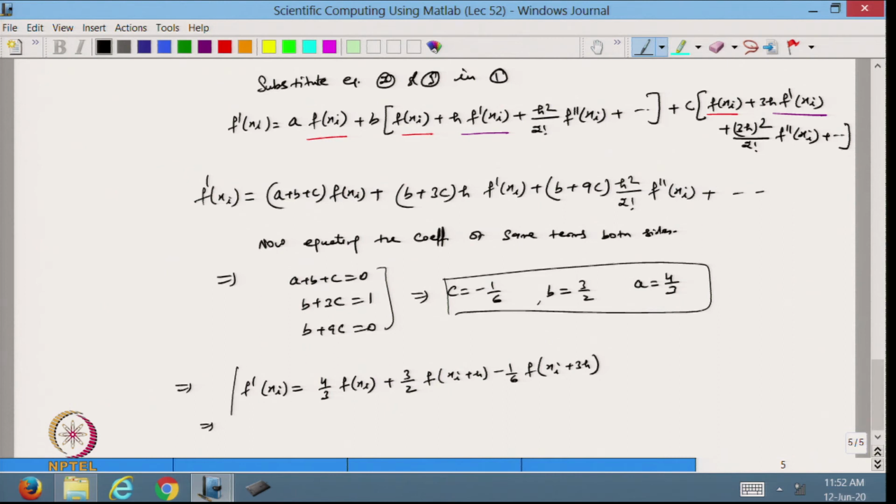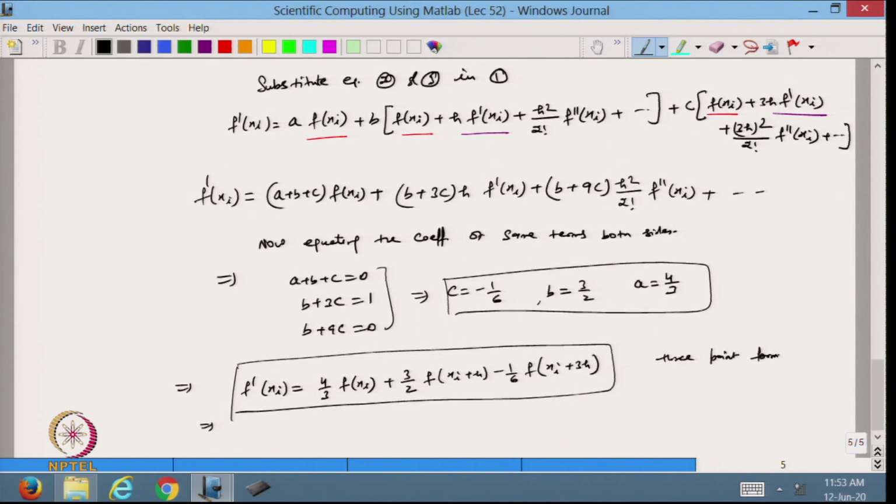That is the expression for the first order derivative that contains 3 points, f at xi, xi plus h and xi plus 3h. This I also call the 3-point formula for first order derivative.